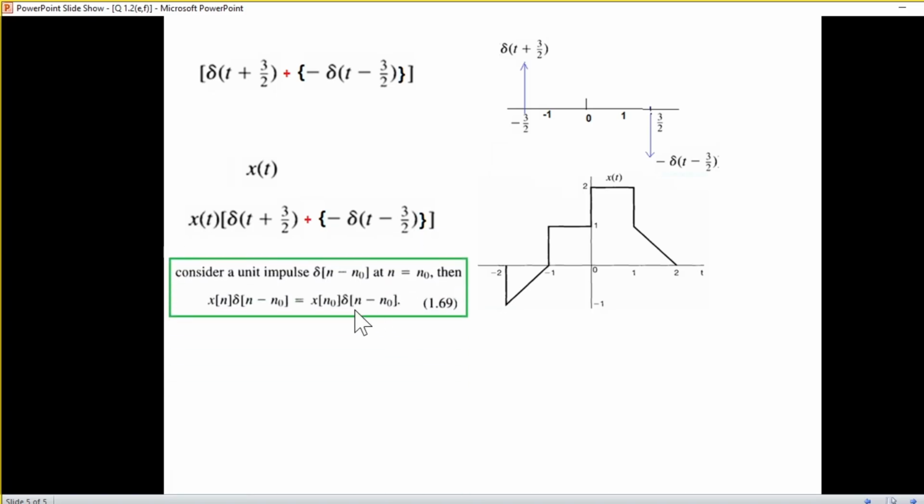To multiply graphically, we use this formula, which means that if the function x is multiplied by a delta function shifted to n0, then actually the value of x at n0 should be multiplied with the delta. Our delta 0 is minus 3/2, so the value of x at minus 3/2 will have to be multiplied by the delta function. Let's see how to do it.